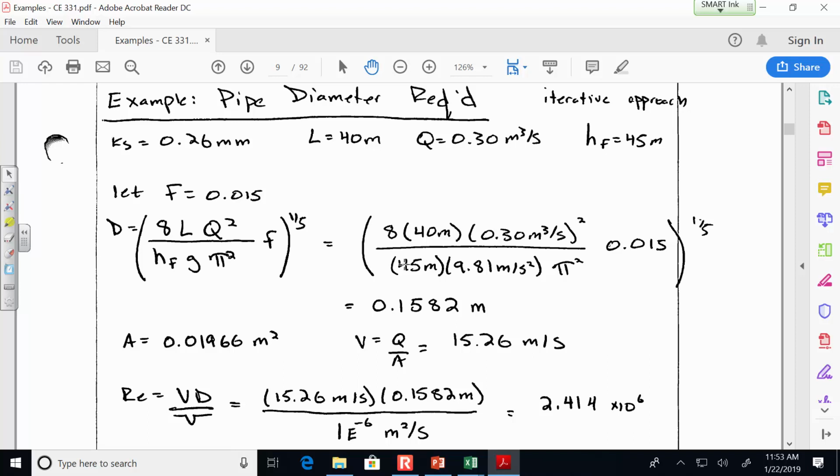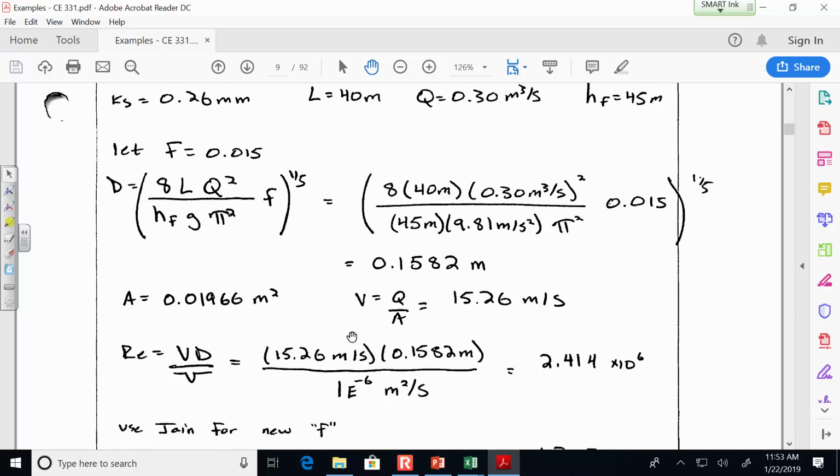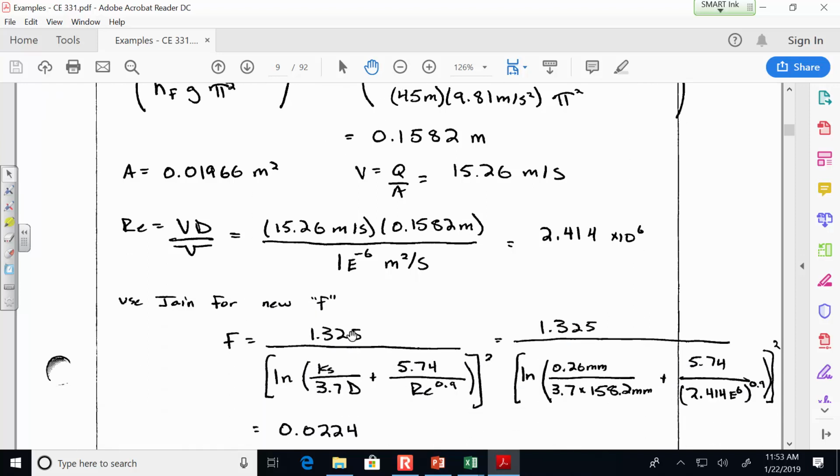Okay. Now it turns out that when we use the Jain equation to find out what the F value would be, it's actually 0.0224. So we have a problem. The problem is that this F value doesn't match our initial guess. Our initial guess was that maybe the F value is 0.015.